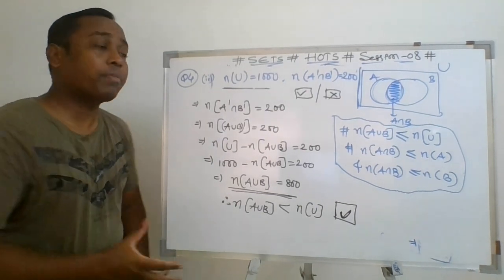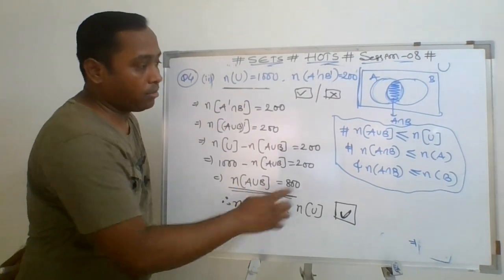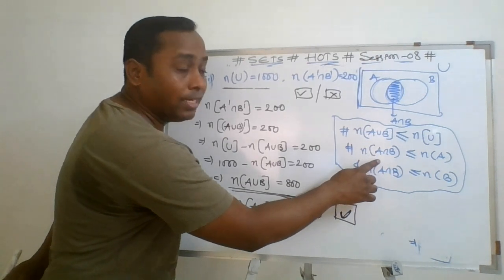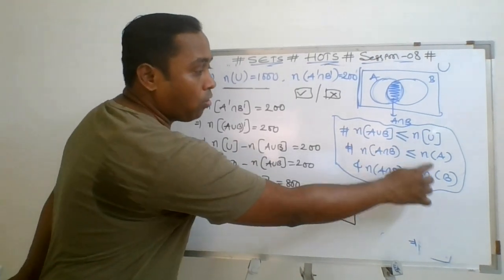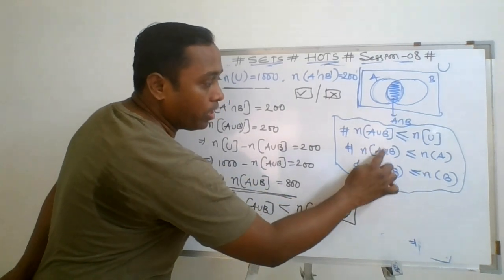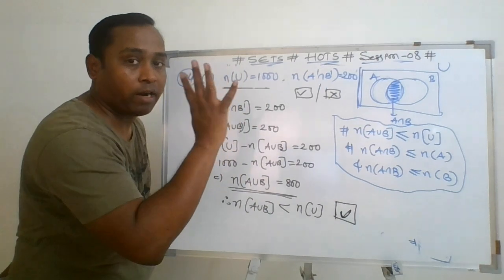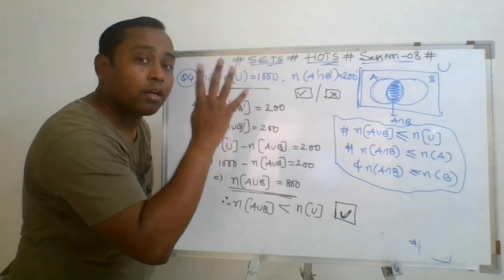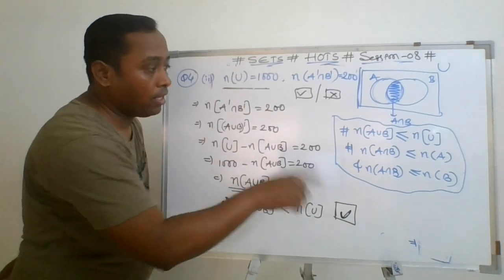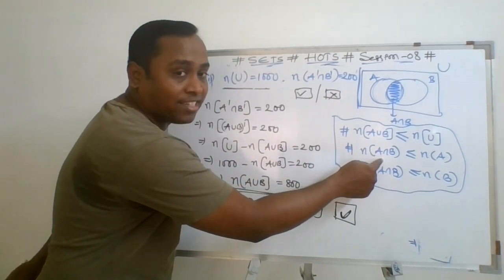We just need to simplify certain notations and get some of the values required, like A union B or A intersection B. Only four notations we have: U, A, B, union, intersection. To check whether the data is correct or not, you require four parameters, or a minimum of three parameters. For that, the universal set is already given. So either you are able to get the union or you are able to get the intersection.